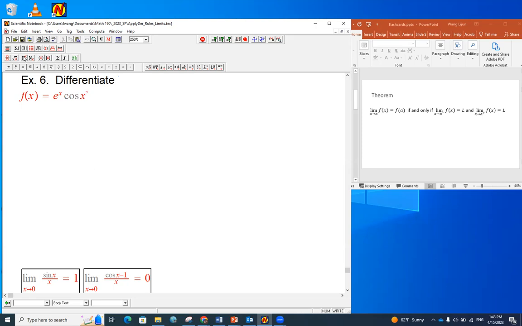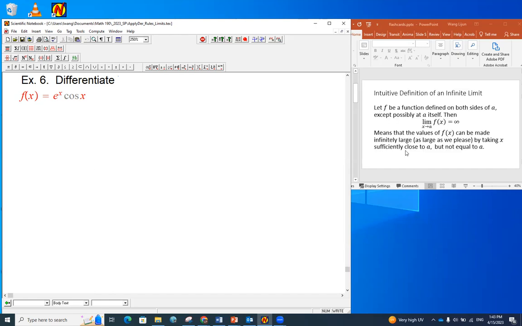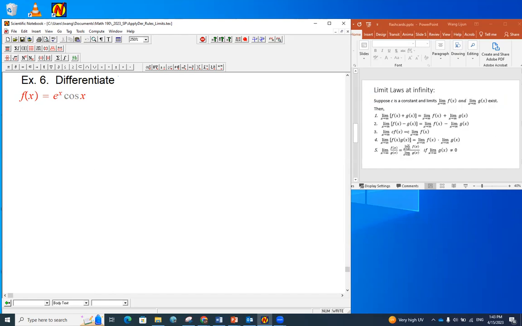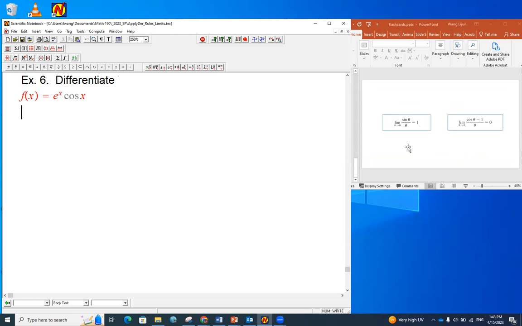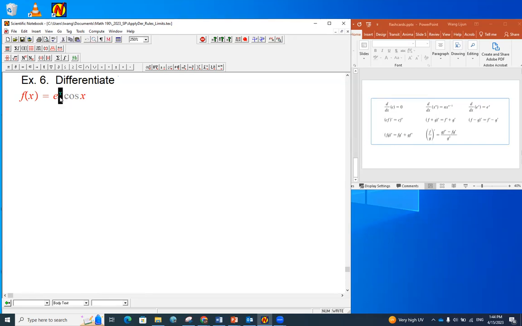Actually, pick a pretty easy one. Then you apply the product rule. You know the derivative of cosine, and we know the derivative of e to the power x.